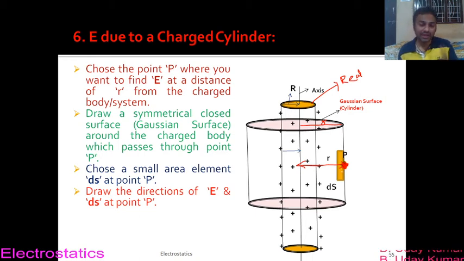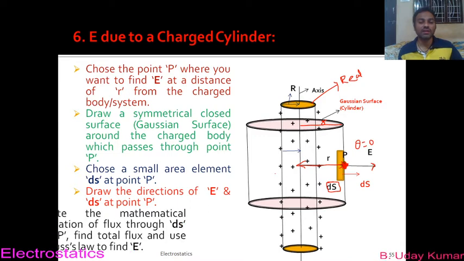Remember, ds is an area element, and area is a vector quantity whose direction is perpendicular to the surface itself, that is, normal to the surface. So from the figure, if I draw the directions, this will be the direction of electric field intensity, which is directed outwards, and ds is also directed outwards. That means at point P, E and ds both will be directed outwards, and hence the angle between these two will be 0 here.